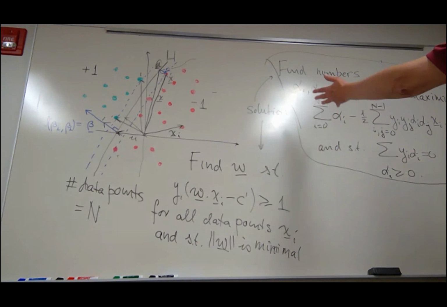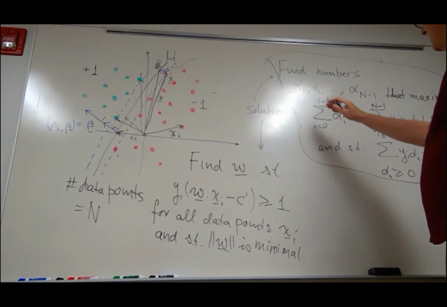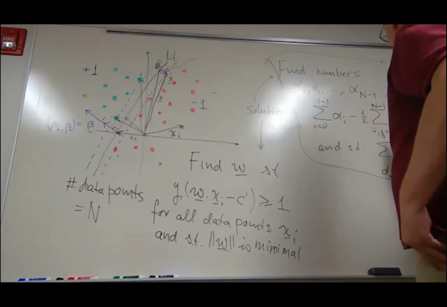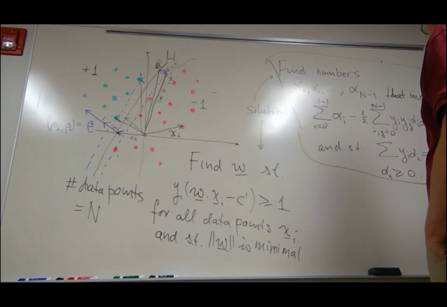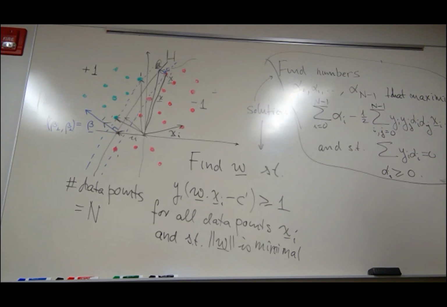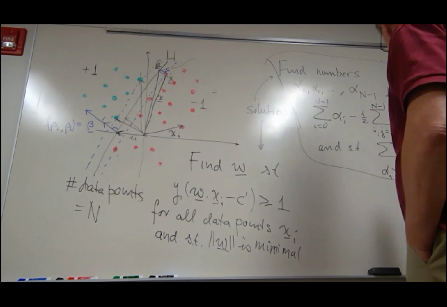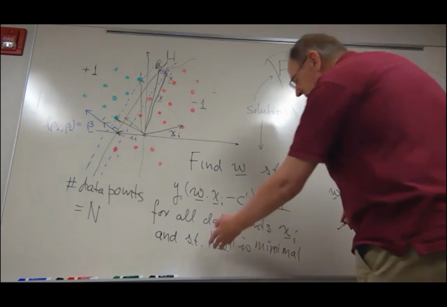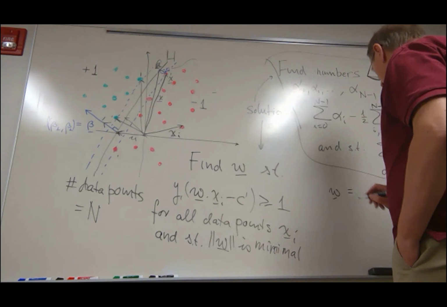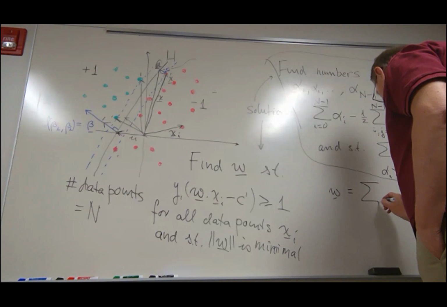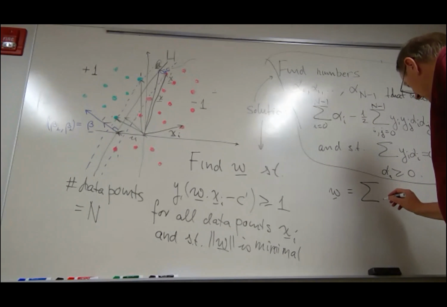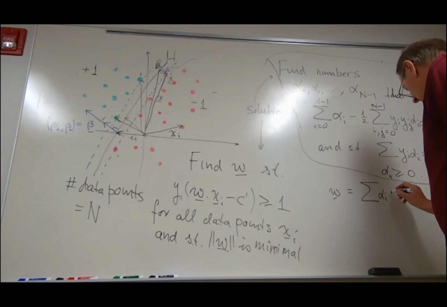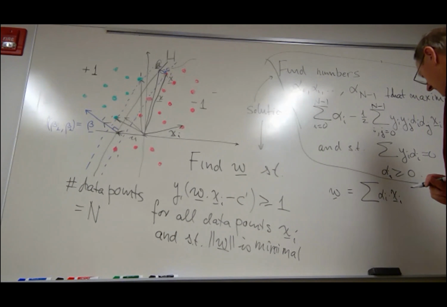And if we can solve this, which you can do in many different ways, like taking partial derivatives and putting them equal to 0, then w, the vector we're looking for over here, simply becomes equal to the sum of alpha i times xi.